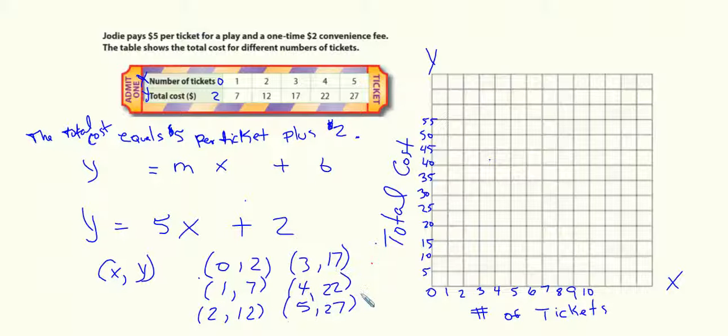Now that I've got my ordered pairs, I'm just going to graph them on the graph, okay? So when x is 0, y is positive 2. So x is 0, y should be about right in there. I'm just going to put a point, and I'm actually going to do that in a different color.